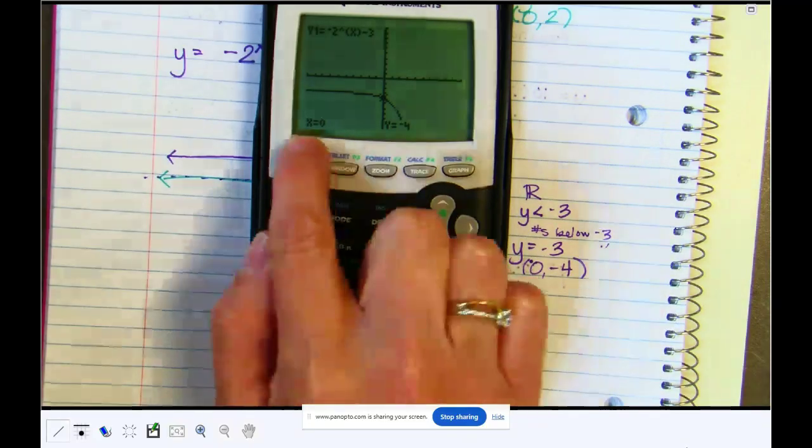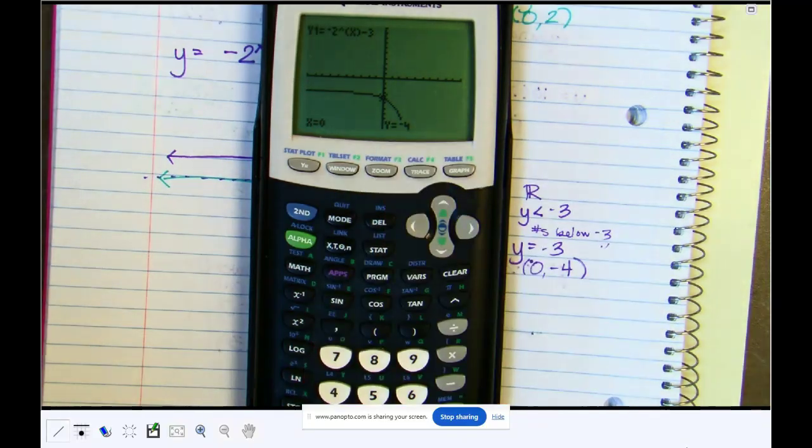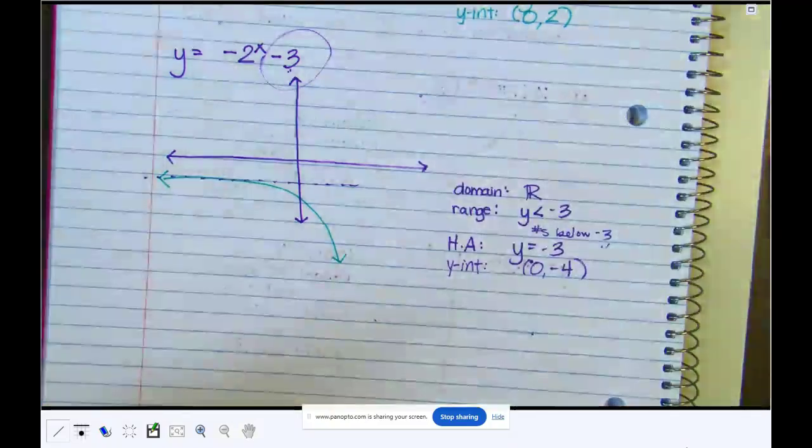Do you see that it comes up 0, -4? If it wasn't there, you can literally just hit 0 and hit enter, and it will take you to the y-intercept, so you don't have to type it in again. So then you don't have to guess, you don't have to count the dots, it's just right there. So trace, 0, enter will give you the y-intercept. Okay, that's a handy little cheat code built into your calculator.